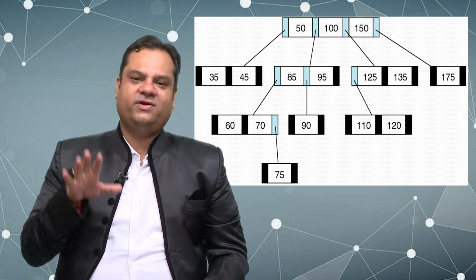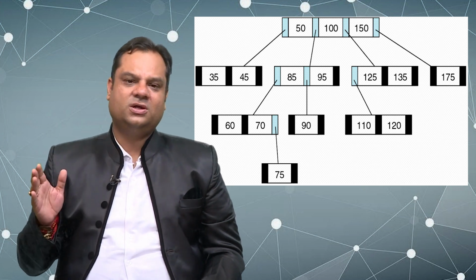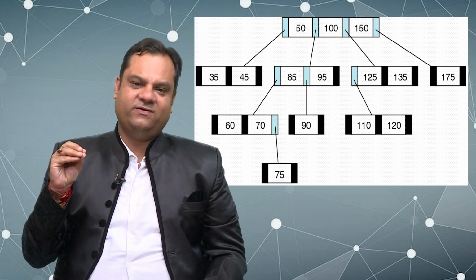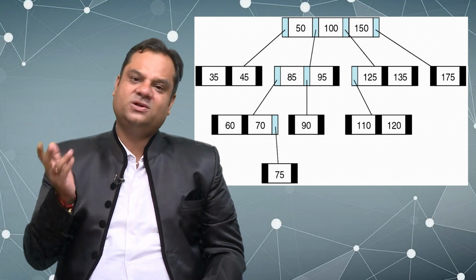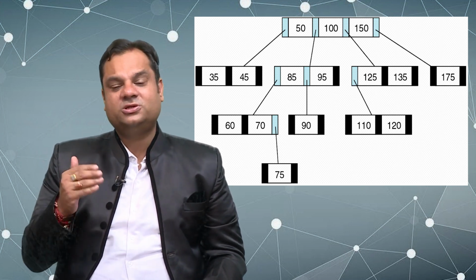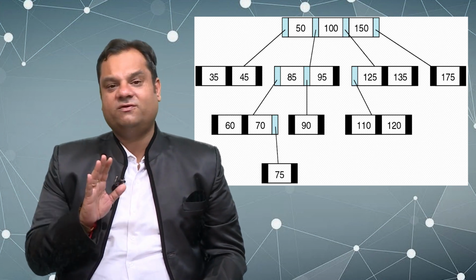If you look anywhere, at the root node, an internal node, or up to the leaf node, the maximum number of keys present is 3. Two is also supported, and 1 is also supported, but more than 3 keys are not available in this tree.